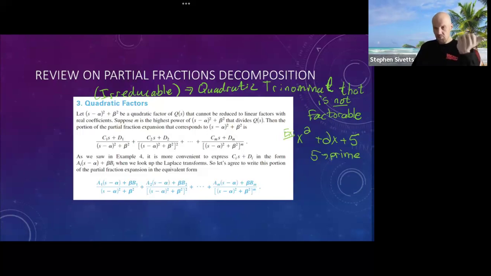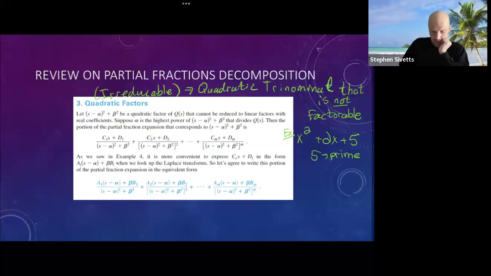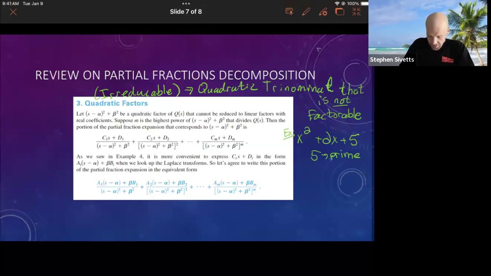It contains 1 and 5. So there's no way you can come up with a combination whose sum is 2 from those two numbers. So that's an example of an irreducible quadratic. But will that stop us from solving the differential equation? No. We're mathematicians, we prosper.